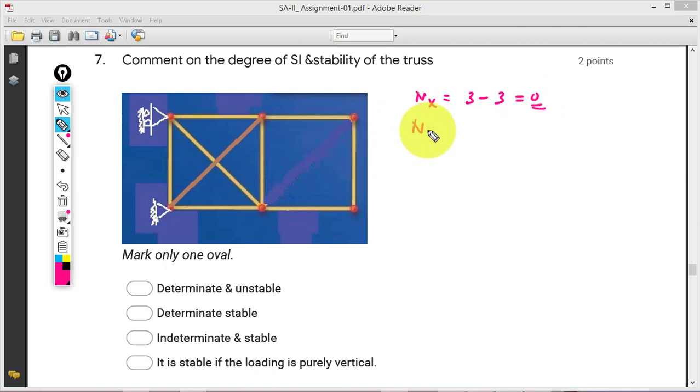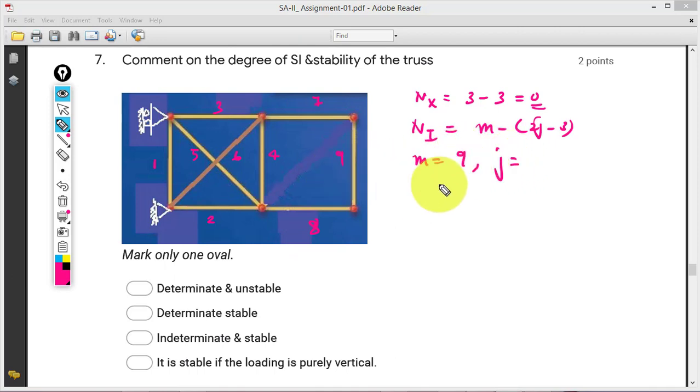And the internal static indeterminacy is m minus of 2j minus 3. The number of members: 1, 2, 3, 4, this is one member, 5 is another member, 6, 7, 8 and 9. So we have 9 members.